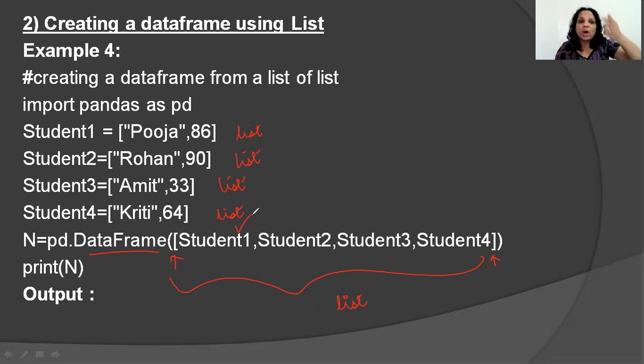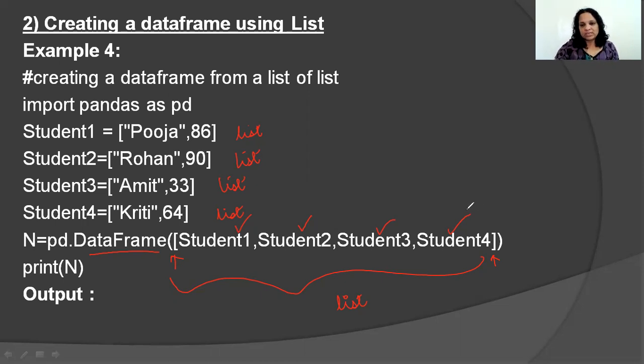So student 1, that's Pooja and 86, will become one row of your data frame. Similarly, you have student 2, student 3, and student 4. So you are creating a data frame consisting of 4 rows because you have 4 list elements, but each element is also a list which consists of 2 elements. So in this scenario, my data frame will consist of 4 rows and 2 columns.